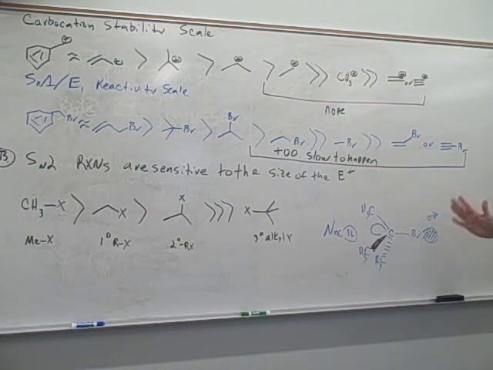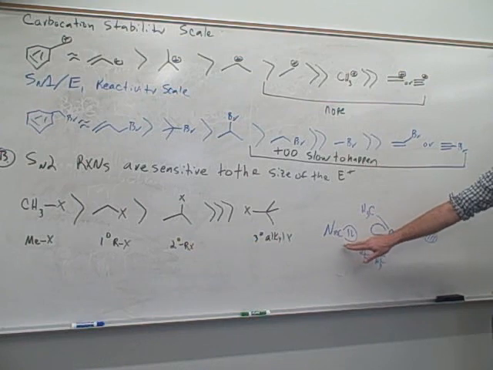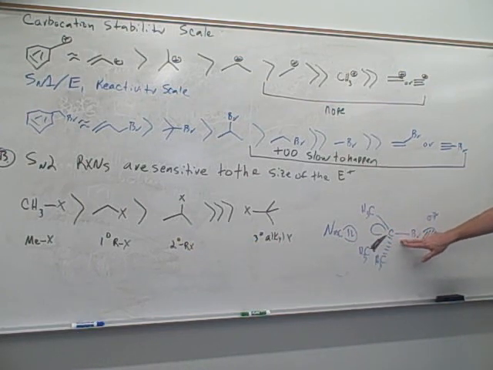And so in order for this reaction to happen, remember an SN2 reaction requires that you overlap the lone pair of electrons in your nucleophile with the lowest unoccupied molecular orbital of your electrophile. And in this case, our LUMO is going to be the sigma star of this carbon-bromine bond. In other words, the anti-bonding orbital of the bond we are trying to break.